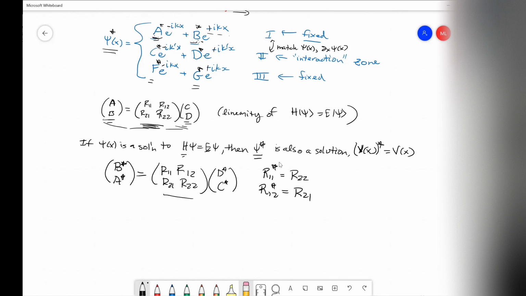You can take the star of both of these guys and then compare it to this top equation, and you'll find that you'll get these two conditions, that R11 star has to be equal to R22, right? Because it flips the A and B, so then this guy starred, R11 starred, has to be the same as this R22 in order for these two equations to be valid simultaneously.